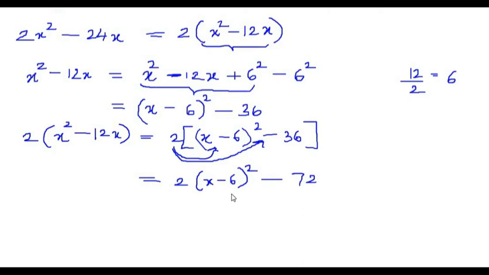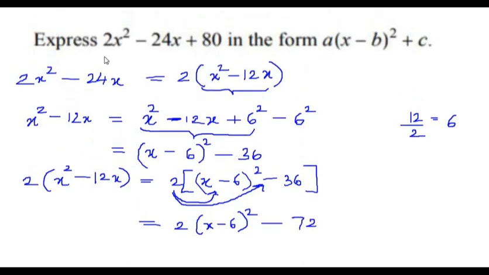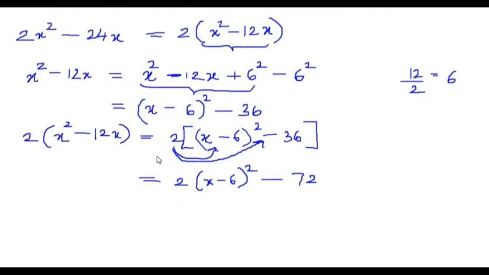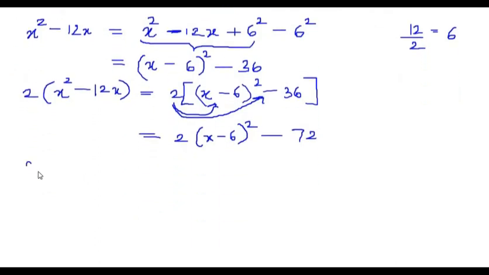Now, after doing this, we have to look back at the question. 2 times x square minus 12x was only the first 2 terms, but we need to add plus 80 to it. So 2x squared minus 24x plus 80 equals whatever answer you had got here, and you are going to add 80 to it.